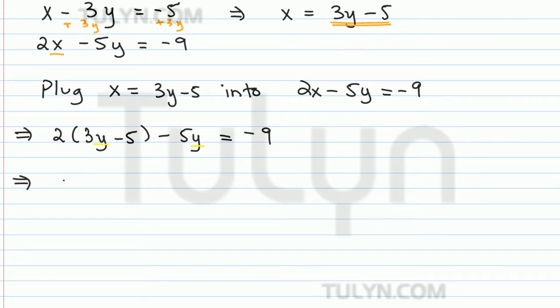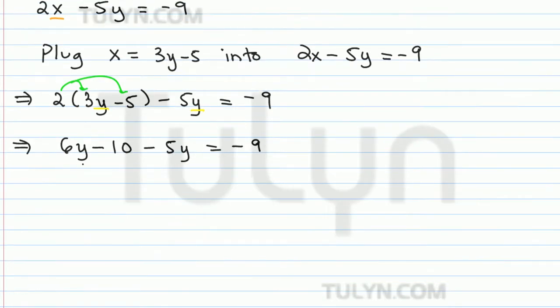So now we have 6y. I'm just going to distribute the 2 into this difference. So we get 6y minus 10, and then minus 5y is equal to negative 9.